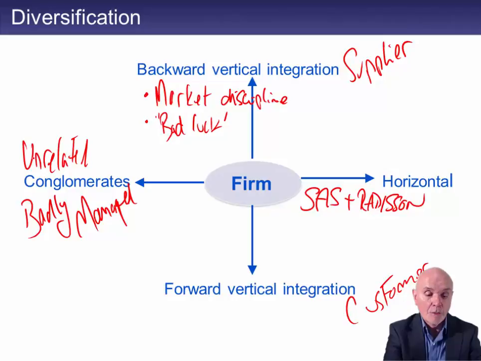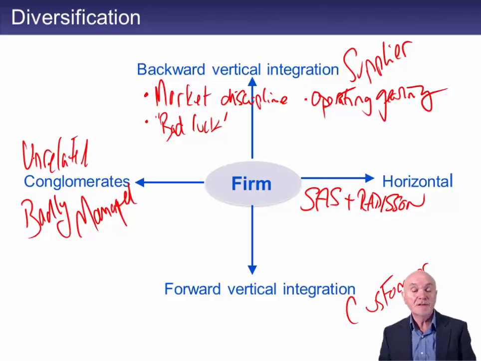Another problem is operating gearing. When you take over a supplier, you're taking over their fixed costs. If you don't own the supplier, all their costs to you are variable. So the proportion of fixed costs may go up in your operations, and it may possibly be a disadvantage.